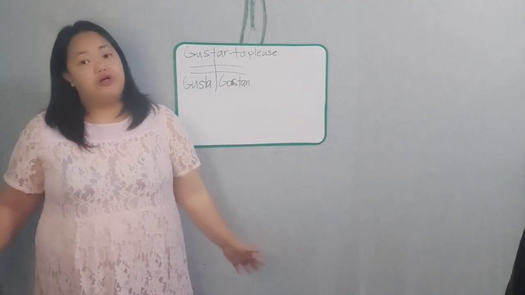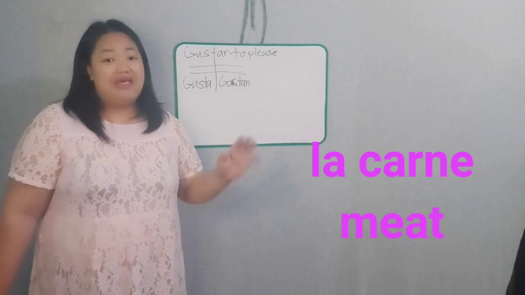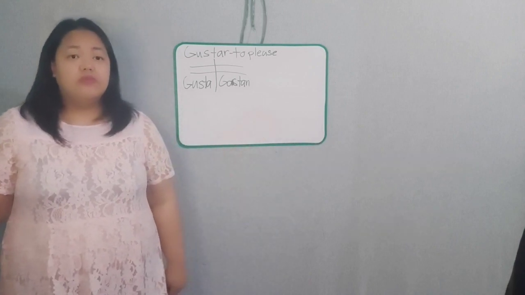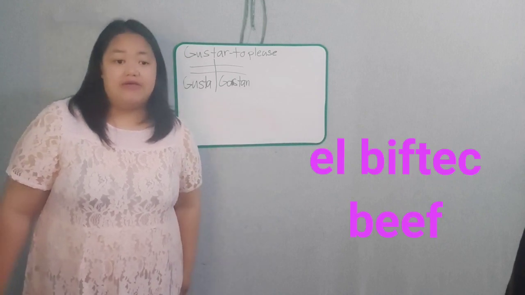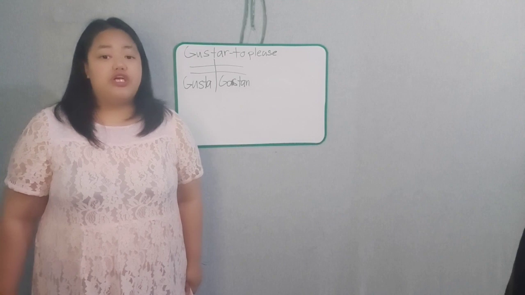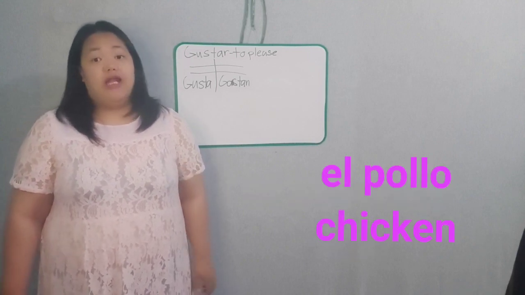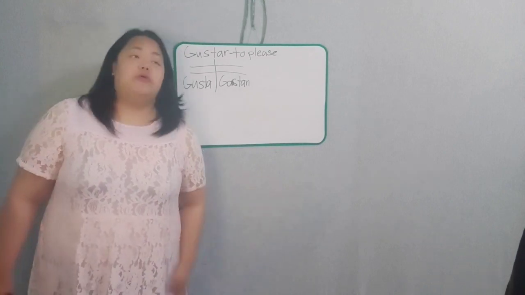So let's go to more specific food. What if you want meat? Meat in general is la carne. What if you say beef? El bistec. Fish is el pescado. Our very common chicken, el pollo. Let's go to vegetables.